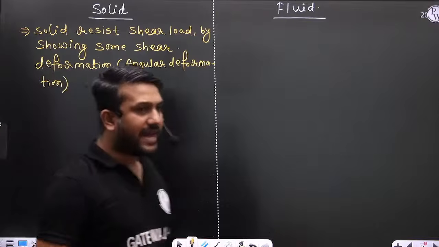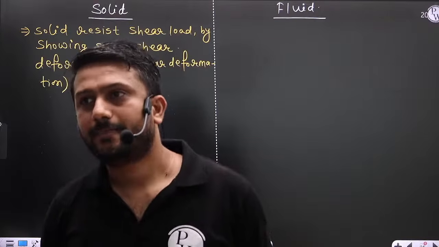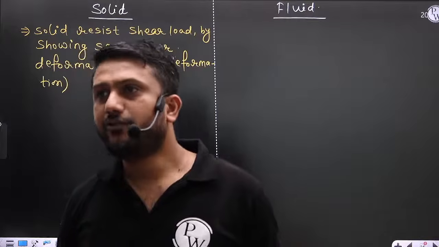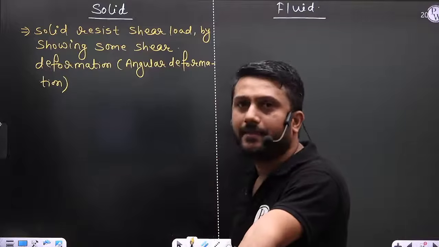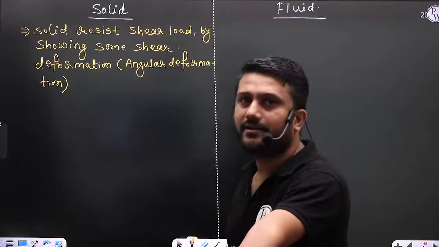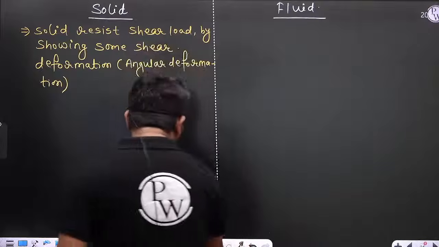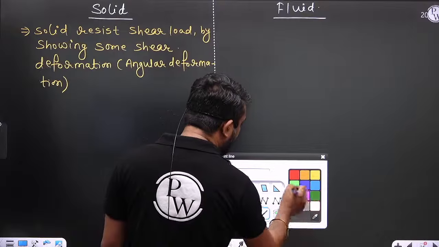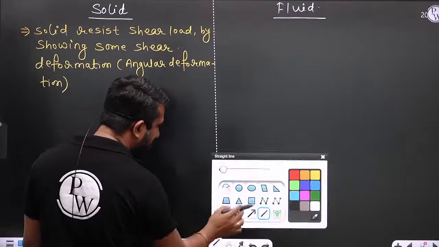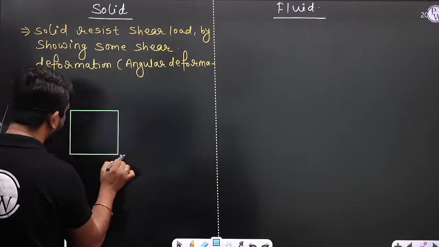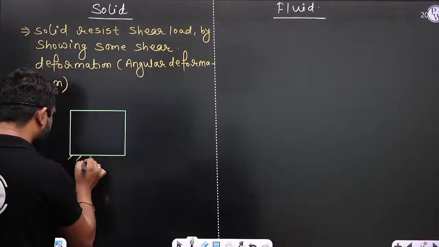If you apply a shear load on solids, then the solid resists the shear load by showing some angular deformation like this.